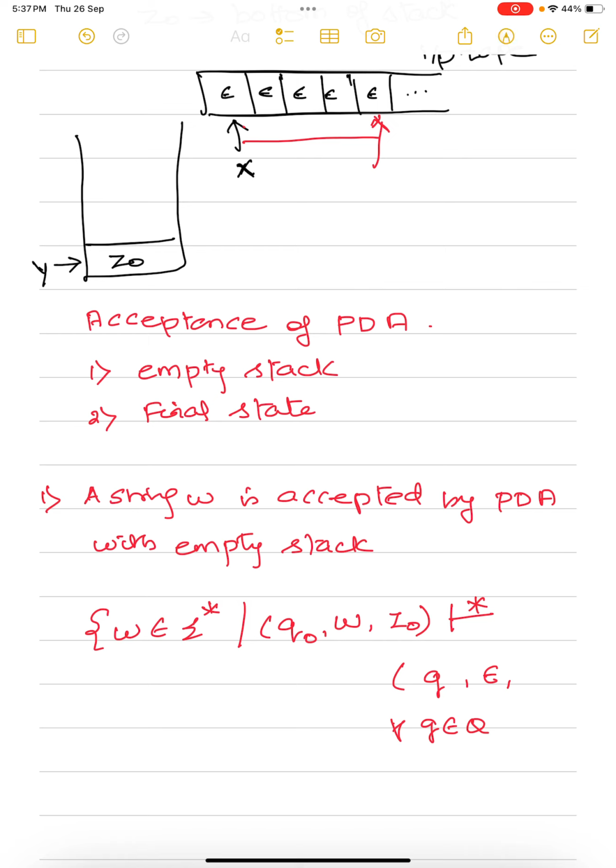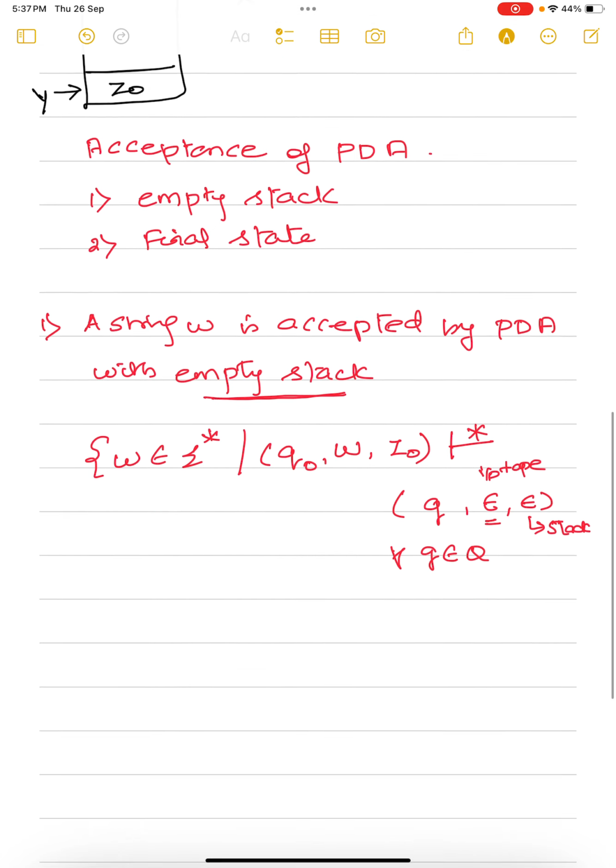So Q, epsilon, epsilon: this is epsilon in the input tape and this is epsilon in the stack. What does it mean? We are removing that Z0 also, and the stack is completely empty now. That is acceptance of pushdown automata by the empty stack method.